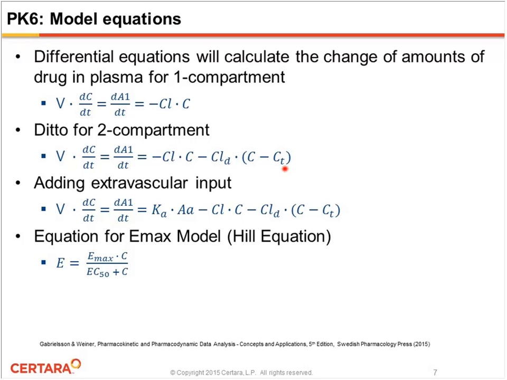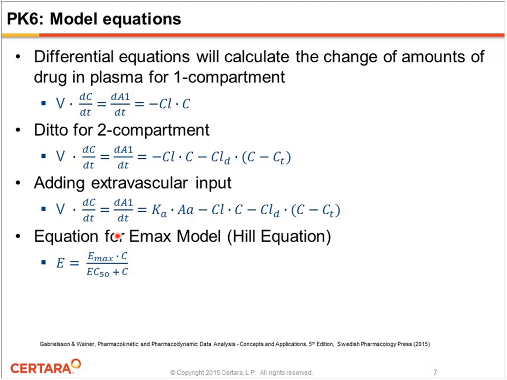Now for an extravascular model, we need extravascular input, and that is in the form of the Ka, the absorption rate constant, times the dose amount. And that makes up the whole equation. This is actually what we want to see. If we want to calculate the amount in the central compartment, this is the equation that we need, the differential equations that we need to use there.